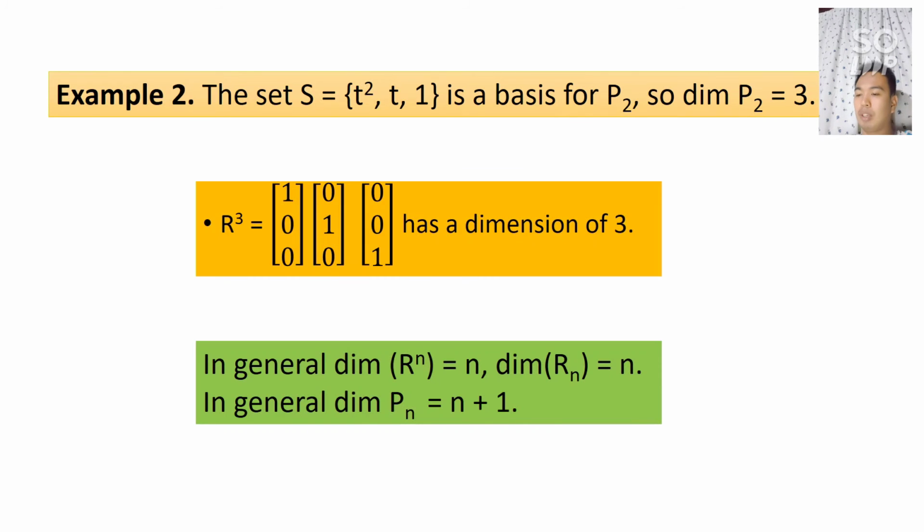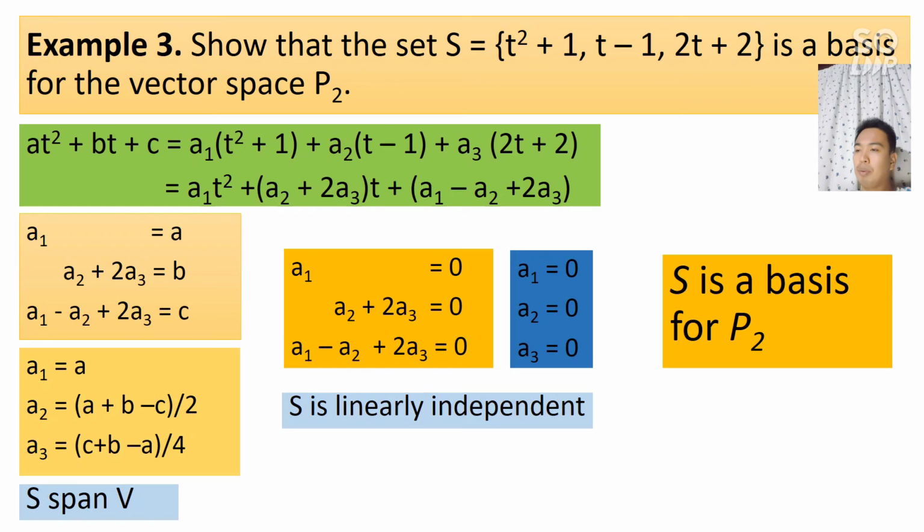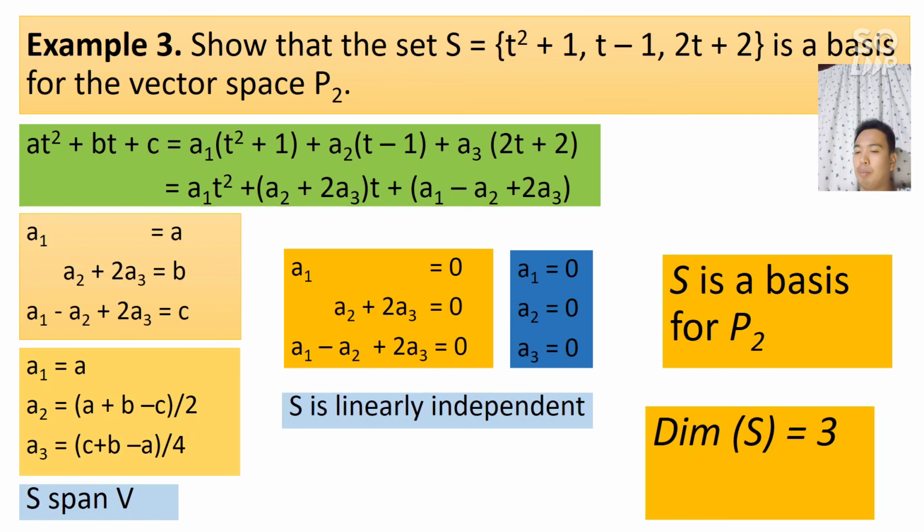In general, the dimension of P sub n is equal to n plus 1. Example number 3. S is a basis for P2. Then, its dimension is 3.